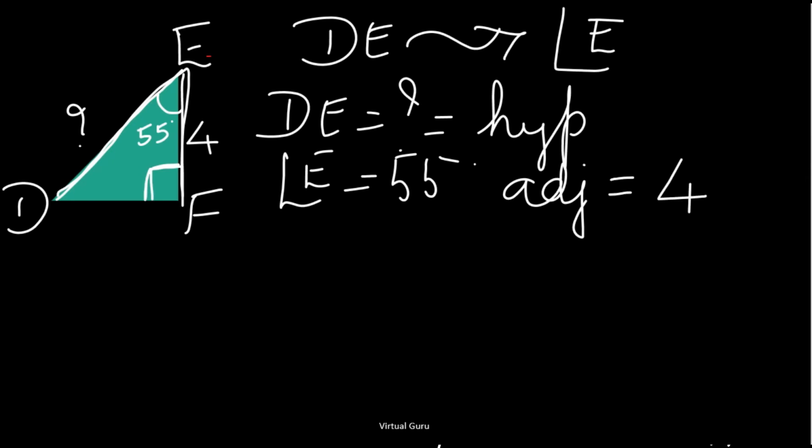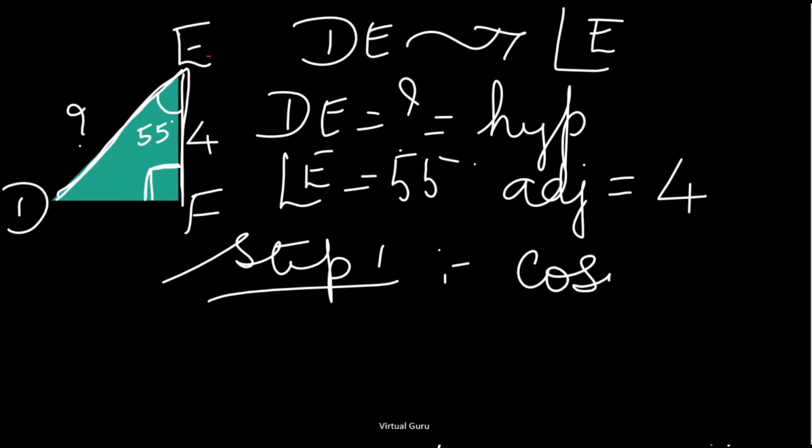Relative to angle D, if it were given, 4 would no longer be our adjacent. But here, relative to angle E, 4 will be our adjacent side. So the equation containing adjacent and hypotenuse we should use. That will be cos. So our step 1 is to determine the trigonometric ratio to be used. It will be cosine. Cosine is our trigonometric ratio to be used.